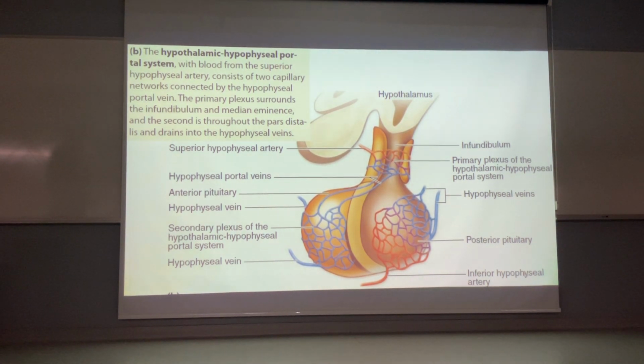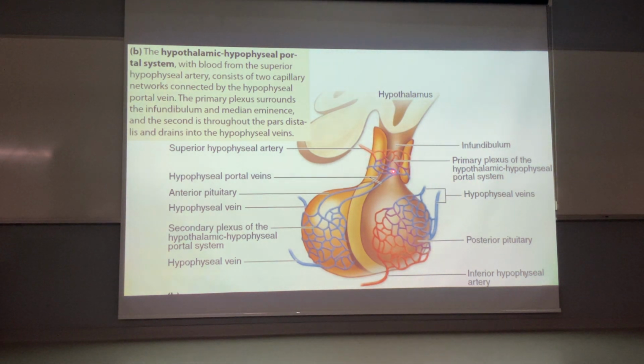Also, in the infundibular part, we have the superior hypophyseal artery, which forms a normal network of capillary. This network is the primary plexus of the hypothalamic hypophyseal portal system.